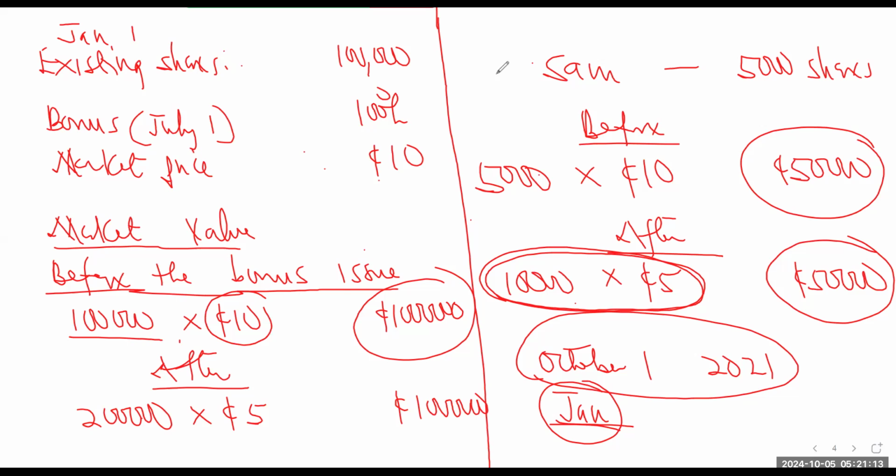Bonus issue is just like what we call share split. You have 100,000 shares and they are valued at 10 cedis. On the stock exchange market, the value of your shares will be 1 million. If you do a bonus issue, it is not going to be bringing cash, so the value of the shares on the stock exchange market will still be 1 million.